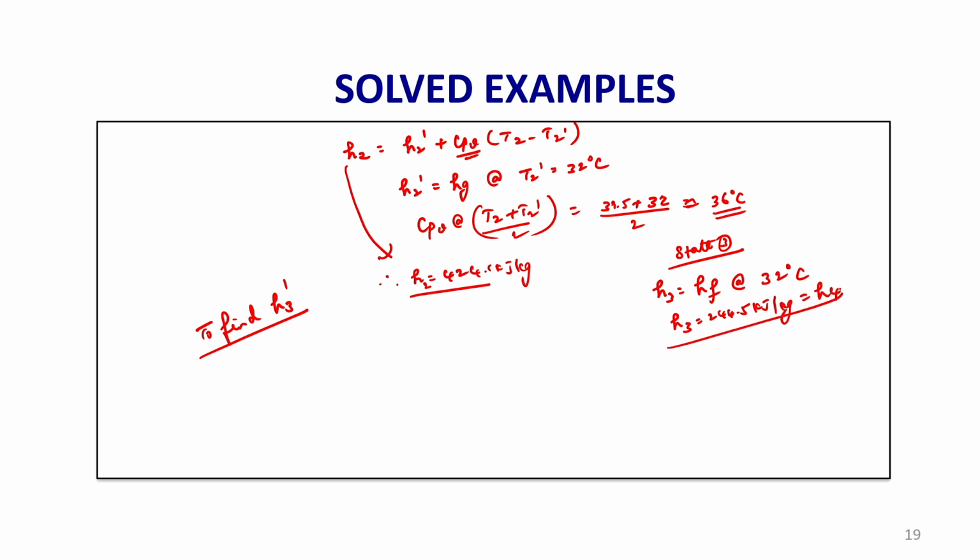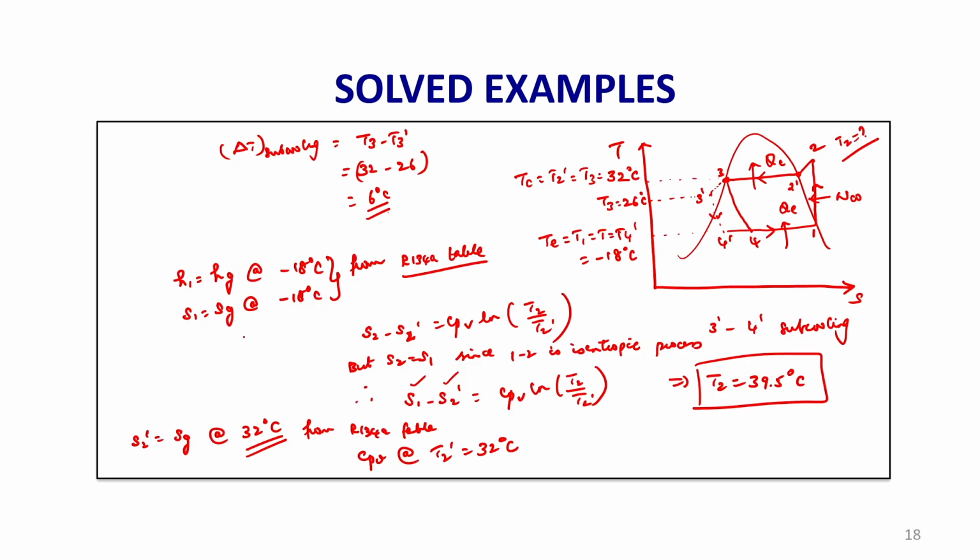But because we are considering subcooling, we want H3 dash and H4 dash. Without knowing H3, we cannot find H3 dash, so there is a formula for H3 dash. If you look at the diagram, 3 dash is lying in the subcooled region.